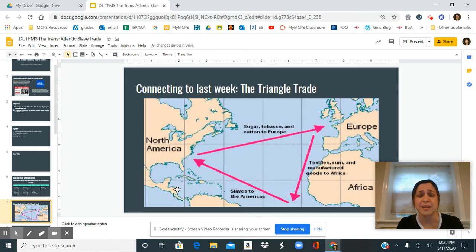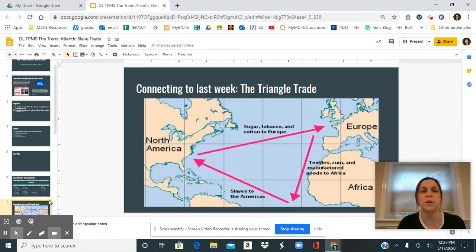This week's lesson, because we're focusing on the Middle Passage, is likely to stir up some emotional response from you. Your social studies teachers and I discussed how much we would like to be doing this lesson with you in person. It is a lesson that might make you feel very sad or very angry or possibly guilty.